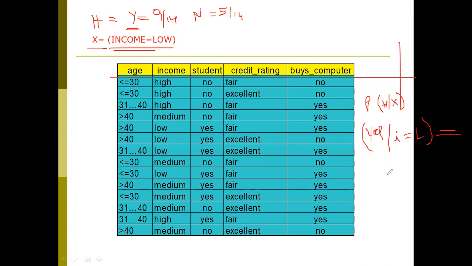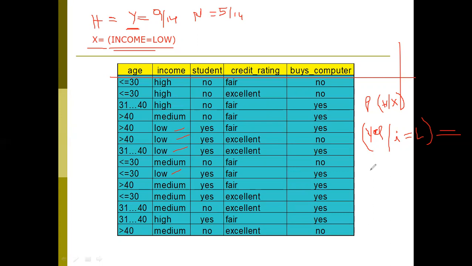Income low tuples, low income tuples by S. Low income tuples in the sense, how many low income tuples are there with us? Okay, with us 4 number of tuples are there. 1, 2, 3. How many records are there with us? 4 records under income, right?